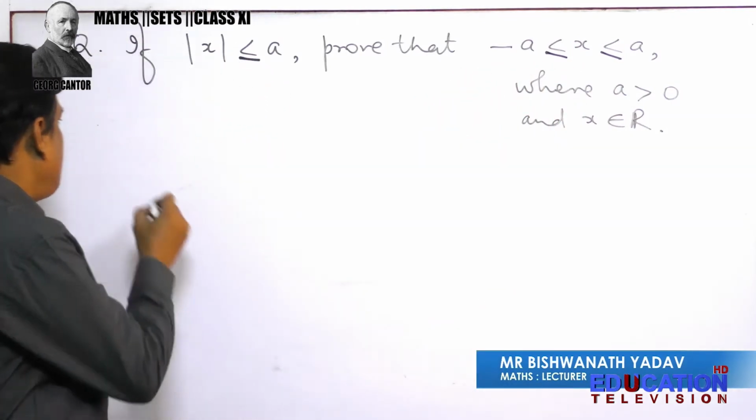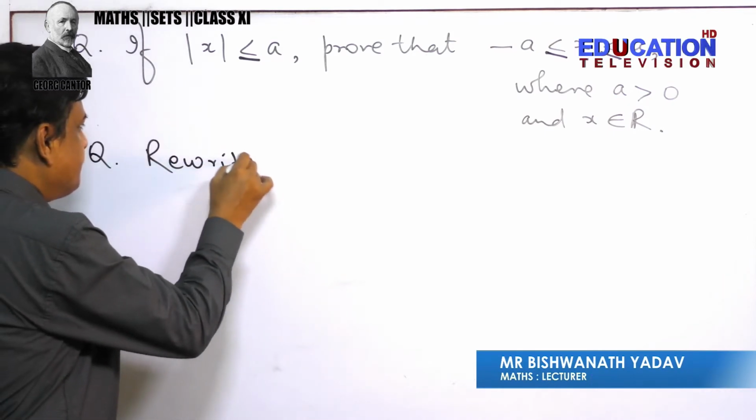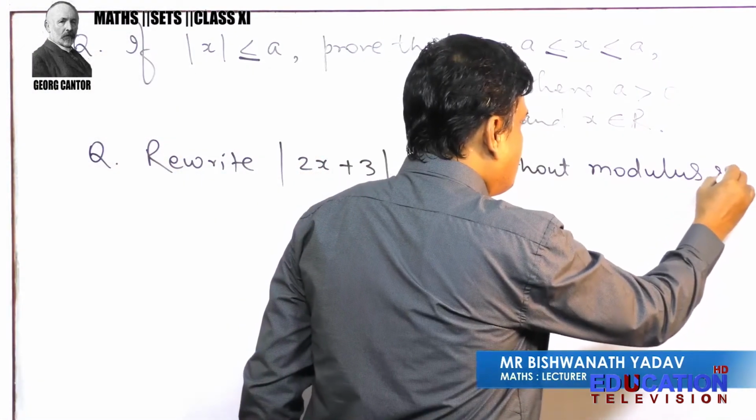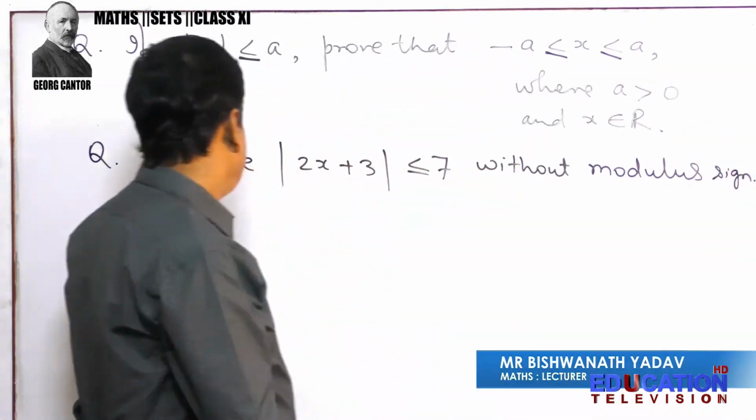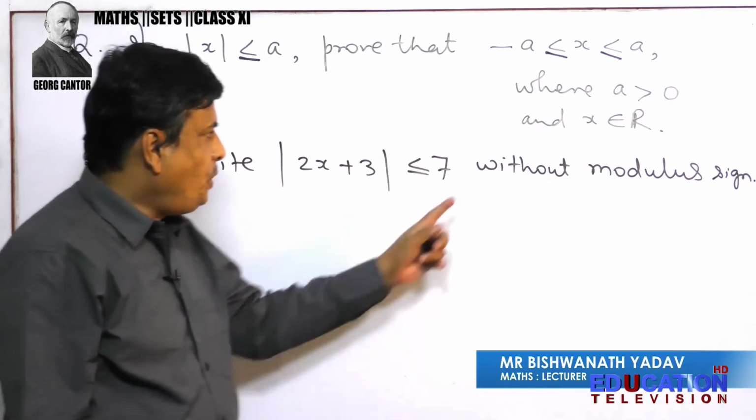So if the question is like this: rewrite modulus 2x plus 3 less or equal to 7 without modulus sign.